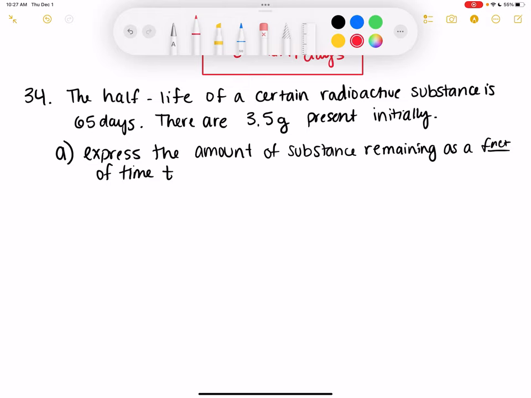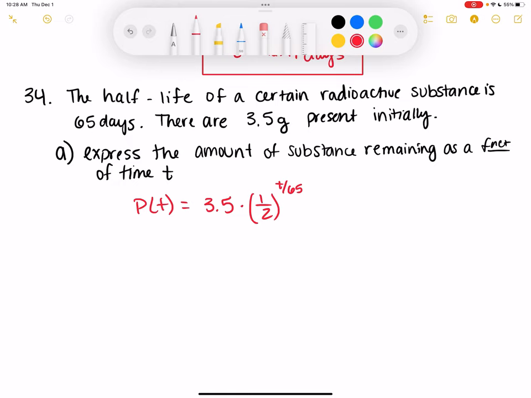Any idea how I would set it up? P of t equals 3.5 times 1/2 raised to t divided by 63. No, 65, but yes. Oh, why did I write 63? My bad, I meant 65. That's right, 65.